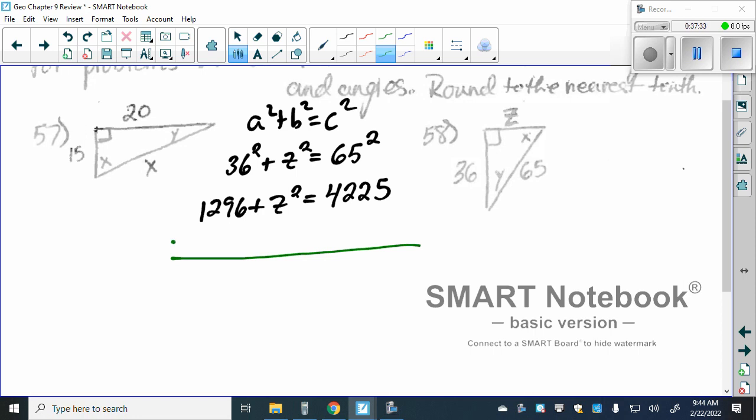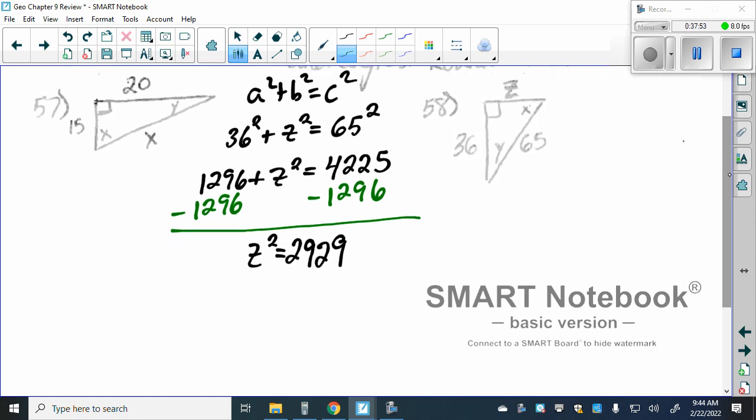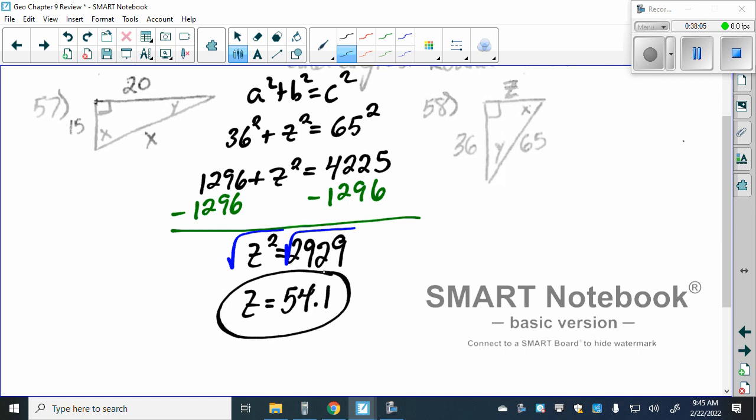Now at this point here, we can subtract 1,296 from both sides, which will tell us that z squared is 2,929. And if we square root both sides, we can say z is about 54.1.